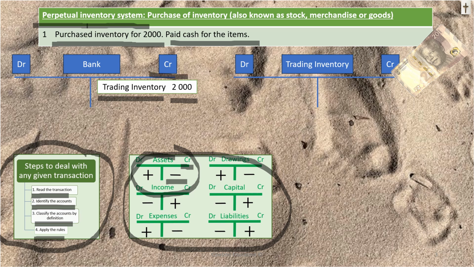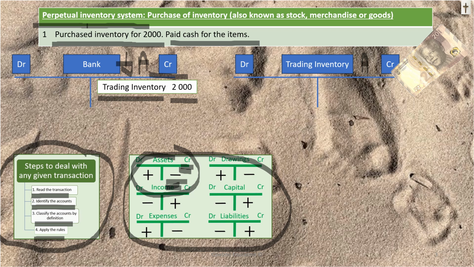You must always apply your rules. Why? Because it was a decrease in assets, and the rule says a decrease in assets, the account must be credited. So we've purchased trading inventory. Trading inventory in the perpetual inventory system is an asset.